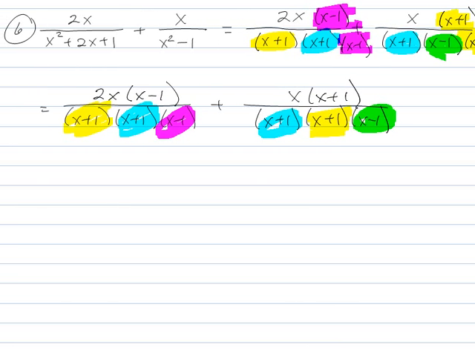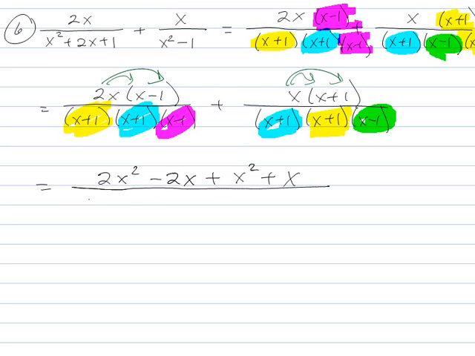All kinds of excitement. Okay, so now I'm going to go ahead and multiply everything out. It's a plus sign, so I don't have too much to worry about here. Distribute the 2x, and I'll get 2x squared minus 2x plus x squared plus x, all over x plus 1, x plus 1, x minus 1.